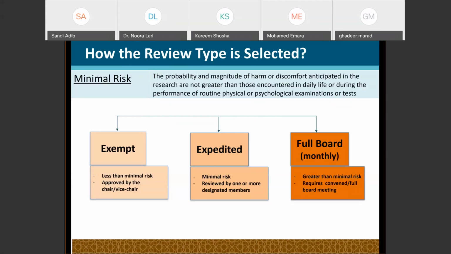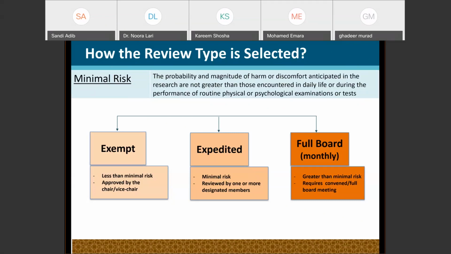This is only for the cases that are greater than minimal risk. Usually we receive questions about when the meeting is going to happen. Is it this month? Did we have the meeting and we missed it? Actually, not every application goes to the full board. It depends again on the type of risk.